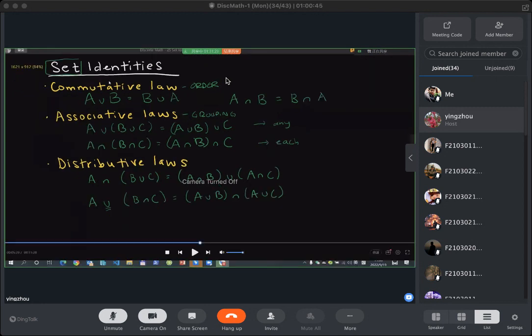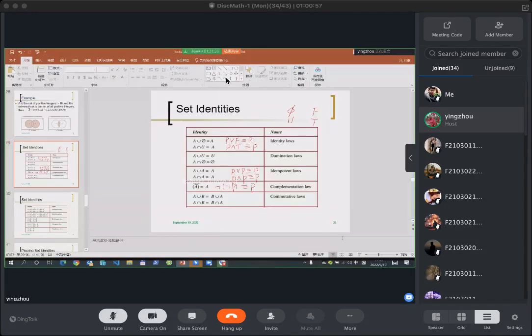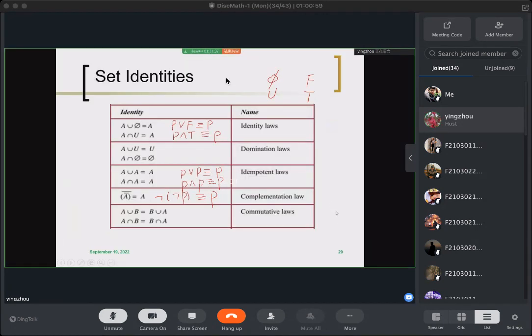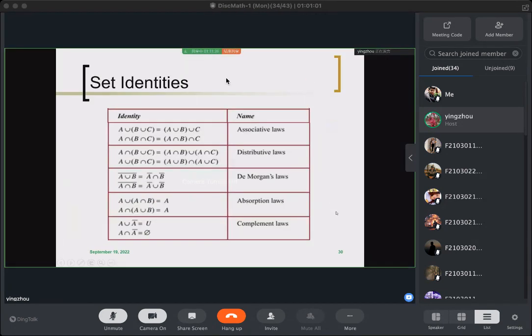So the set identities can also be referred to as logic rules. The set laws correspond to the logic rules. For example, we just choose this one.